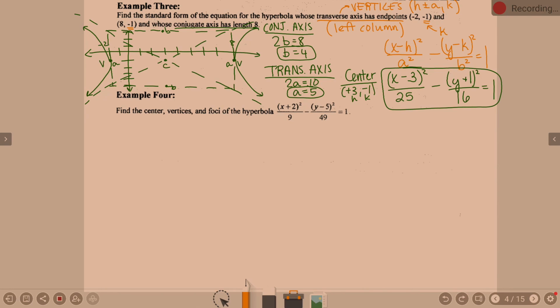Because X comes first. It is the positive variable. So this is of the form X minus H squared over A squared minus Y minus K squared over B squared equals 1. Okay? Just matching up the form there.